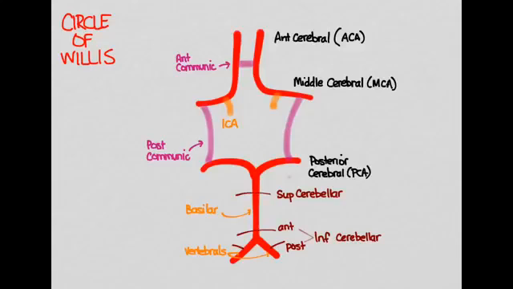And again, just to be complete, I'm going to throw in two more, which we'll talk about later, but these are the ophthalmic branches. So the ophthalmic artery. So it really doesn't look like a circle, I guess, other than everything connects, but this is our circle of Willis.